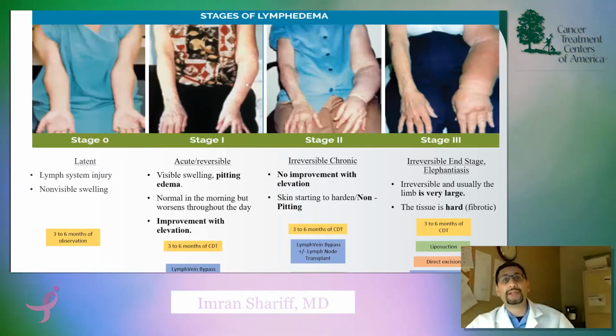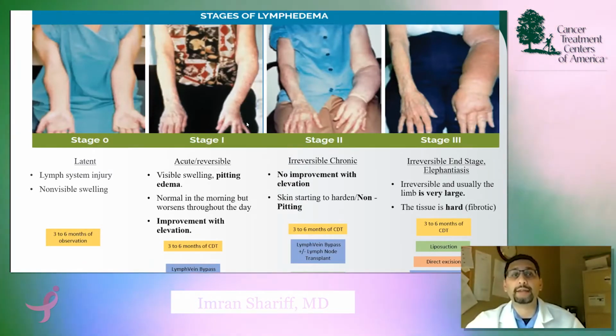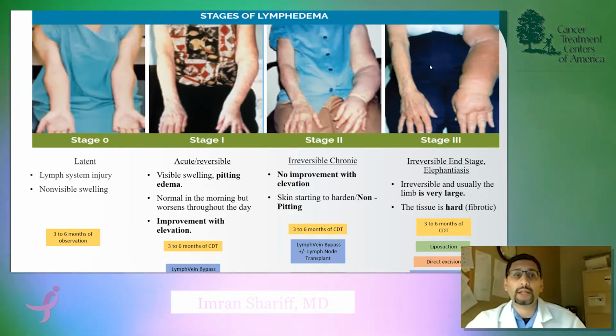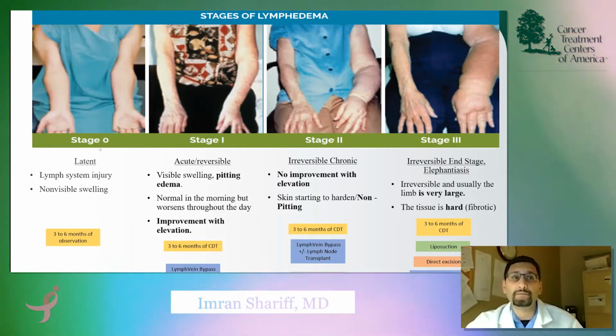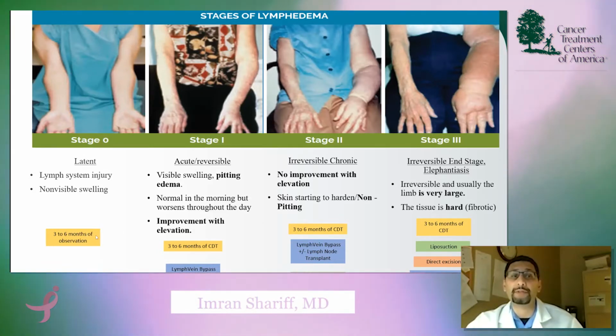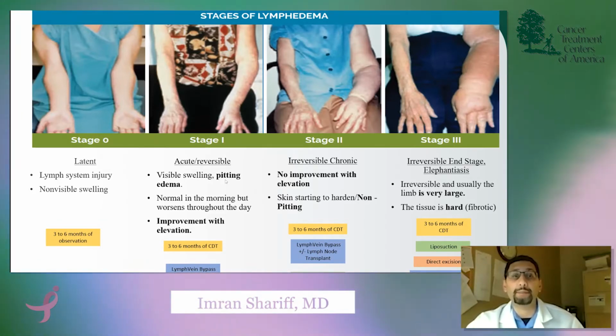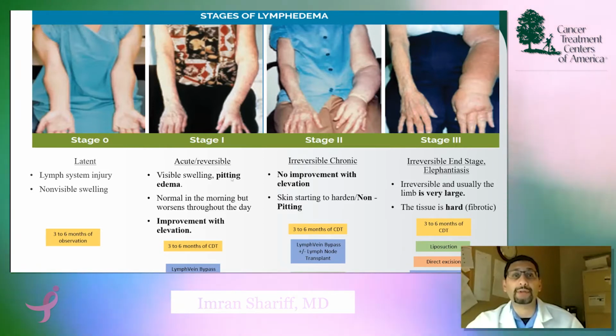So going back to our stages of lymphedema, again, looking at the ISL stages, which are mainly clinical, you'll see that at stage 0, where you don't have any visible swelling, it's usually 3 to 6 months of observation. Stage 1, where you have that pitting edema, where you can leave an impression after pressing the area.